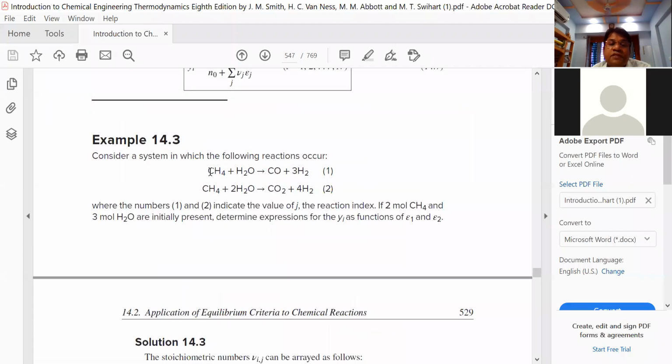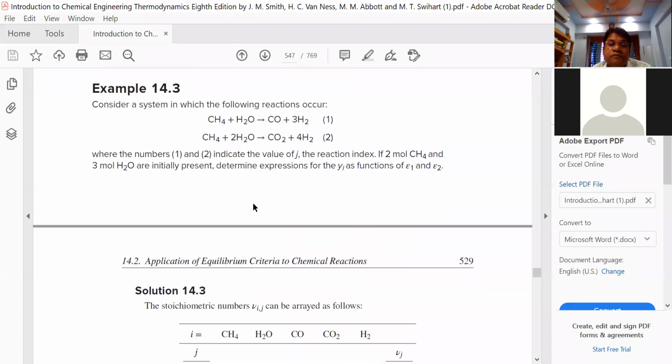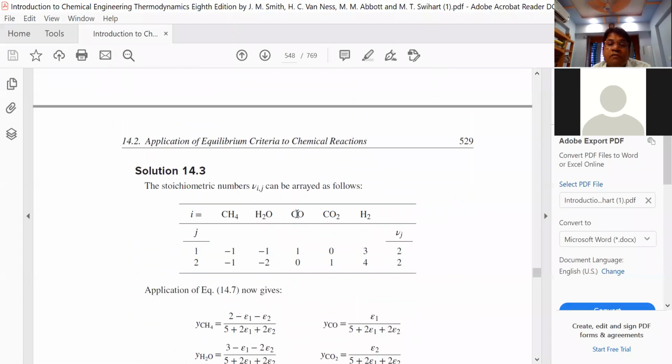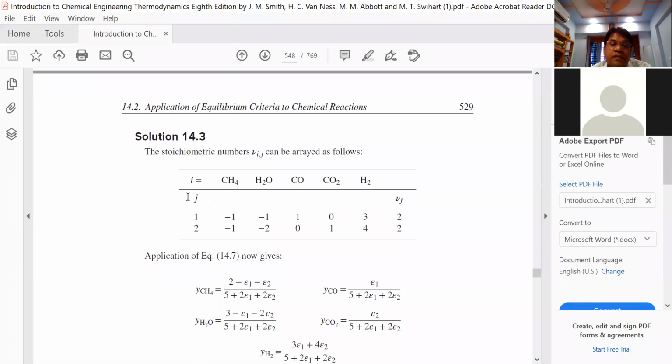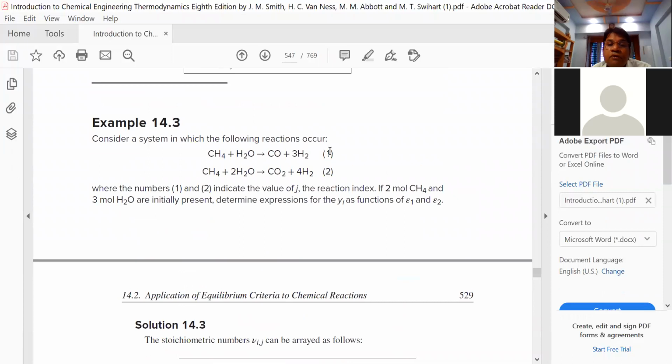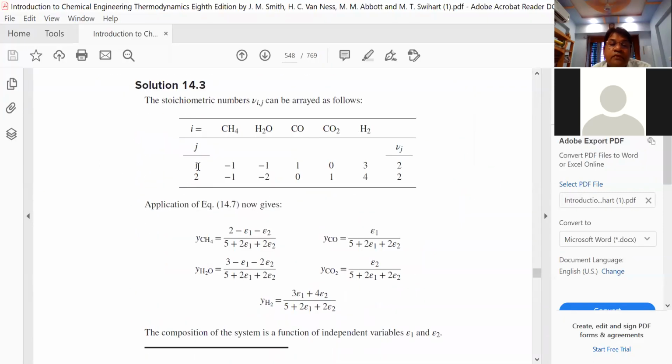The species are methane, water, carbon monoxide, hydrogen, and carbon dioxide. Only 5 species are there. And write j, where j means reaction. There are a total of 2 reactions, reaction 1 and reaction 2.